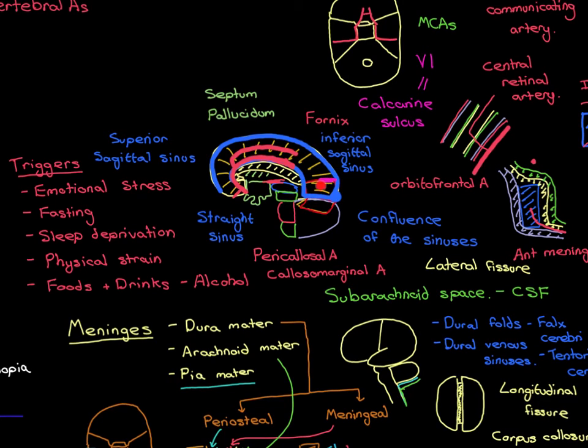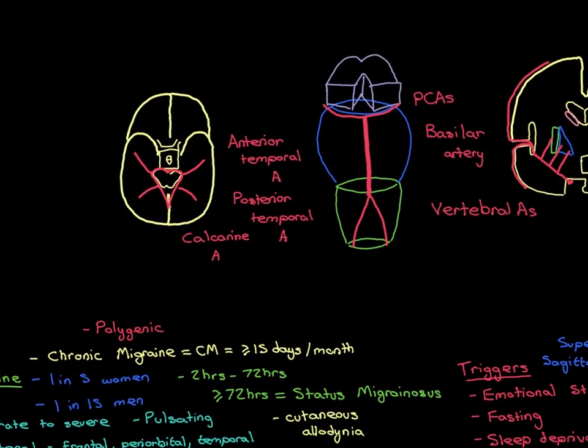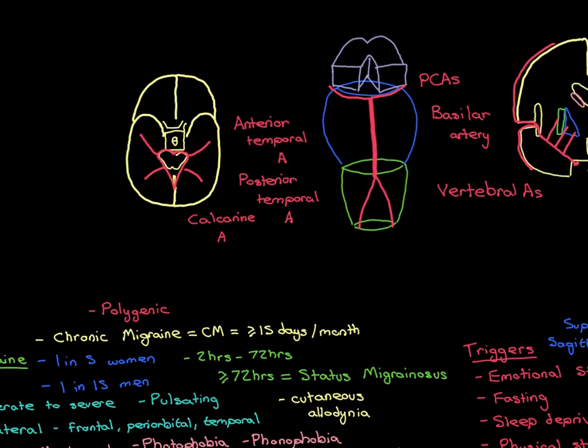We've got a right one, and the right Calcarine artery will be running in that over the pia mater that lines the cerebral cortex, and it will send branches that penetrate through the pia mater to supply this portion of the brain. So it's a very important artery there, the Calcarine artery. So those are the major branches of the posterior cerebral arteries. We have the Calcarine artery, which it becomes, and then before that we have the anterior temporal arteries and the posterior temporal arteries being given off.